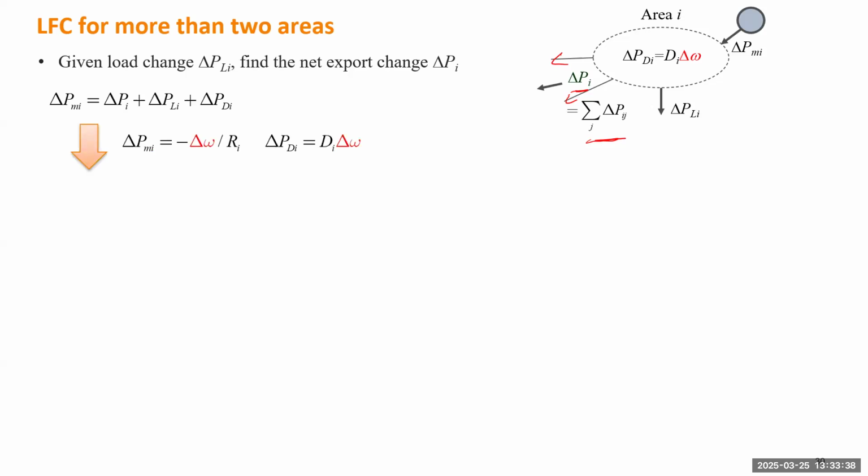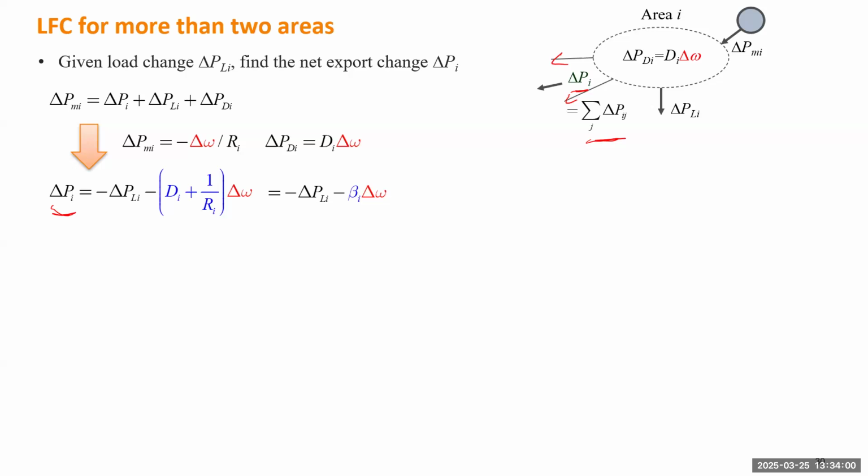And we also add the 2 formulas with the frequency droop control of the governor and also the frequency sensitive load. Then we know the total change on the tie flow leaving from this area can be calculated by this formula.